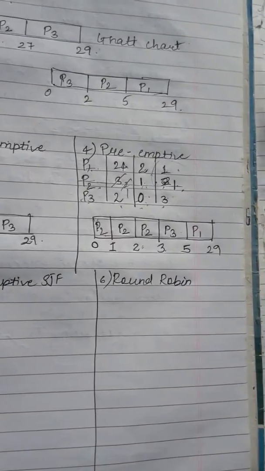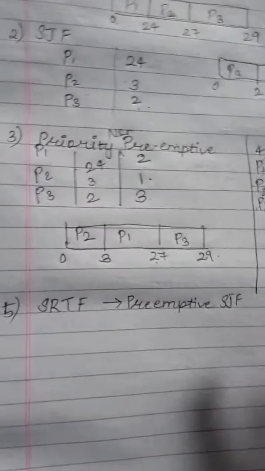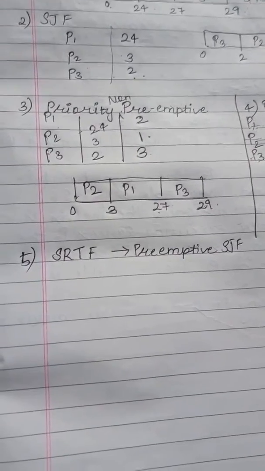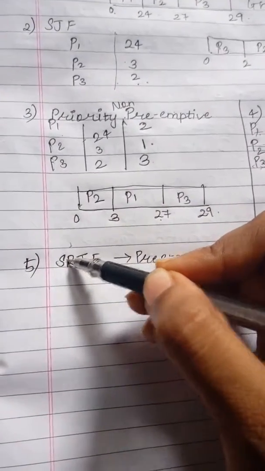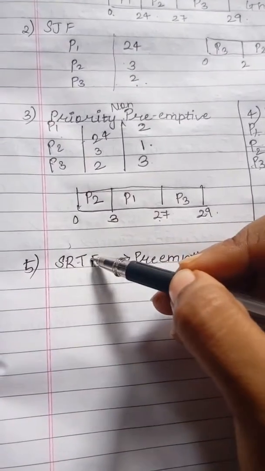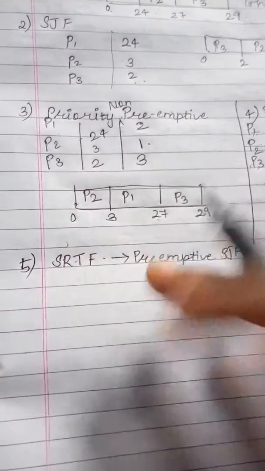preemptive priority scheduling. Now we will see preemptive SJF, which is known as shortest remaining time first. S for shortest, R for remaining time first.